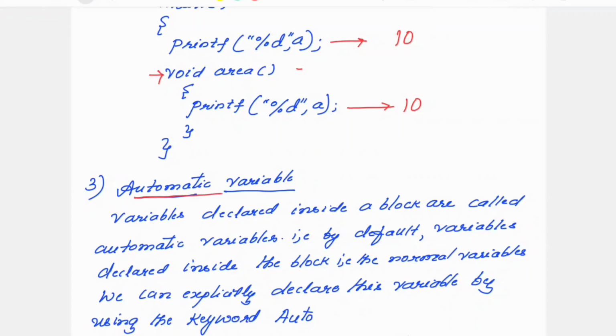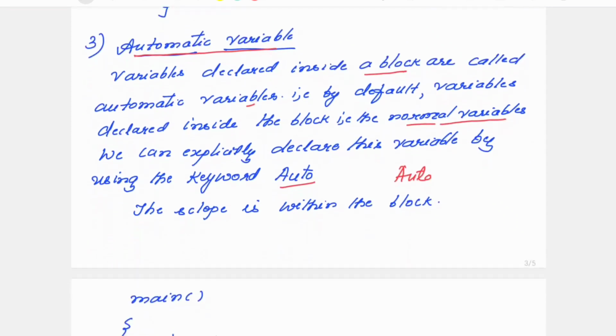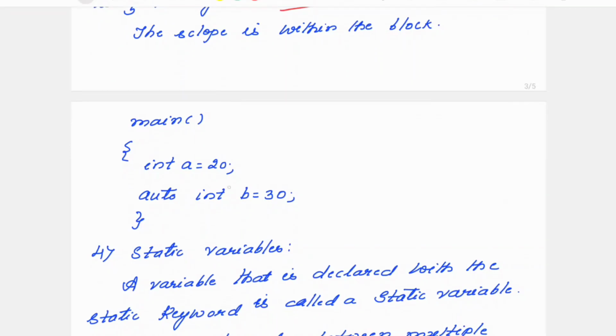Next we have the automatic variable. Variables declared inside a block are called automatic variables. It is simply like the normal variables only, but here we are making use of the word auto. The scope is within the block. Look here, you have declared one variable a and initialized to 20, another variable b and it is initialized to 30.